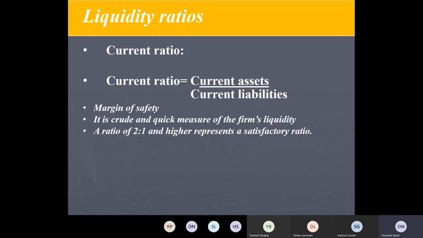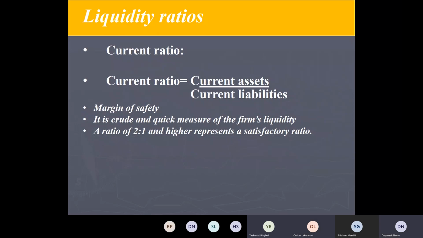And in the same way, what do you mean by current liabilities? Current liabilities are those liabilities which we have to pay within a year. What are some examples? Which you have to pay back.